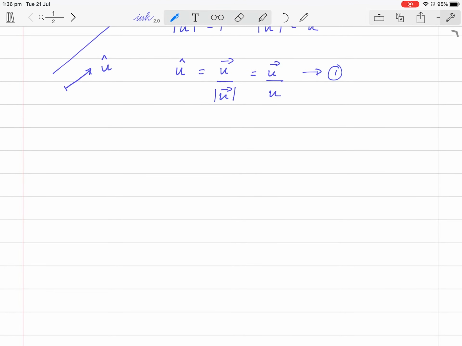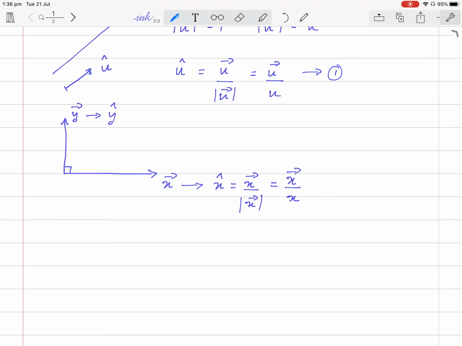Now we will extend this idea to xy vectors. Suppose this is x vector, this is y vector in Cartesian. Now we need to find out the unit vector corresponding to x vector. The unit vector corresponding to x vector is x hat, which is written as x vector divided by the magnitude of that, typically x vector divided by x.